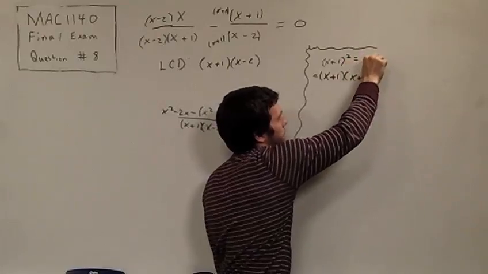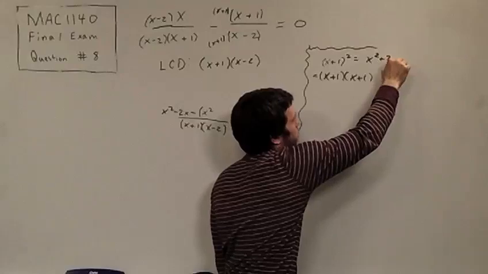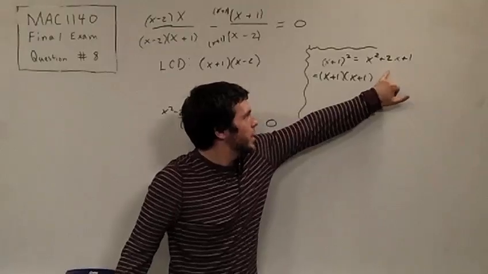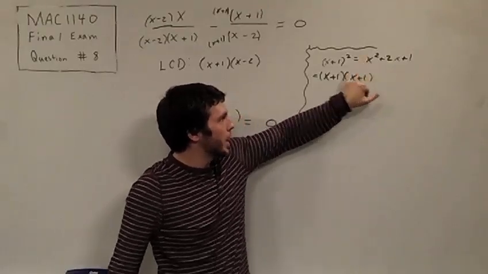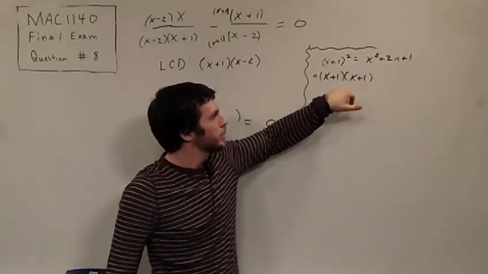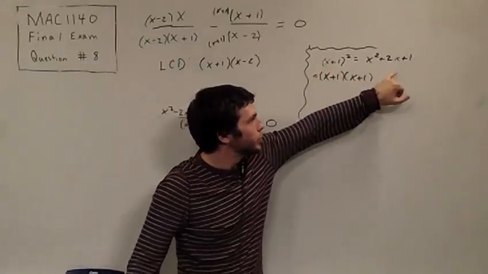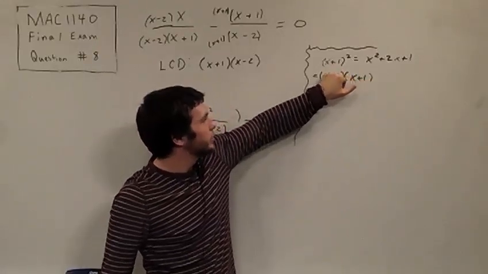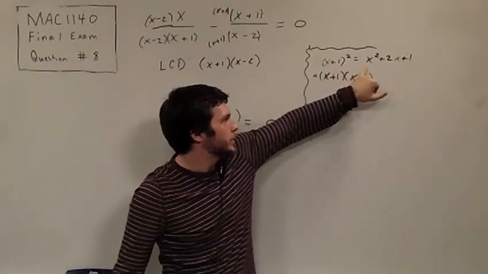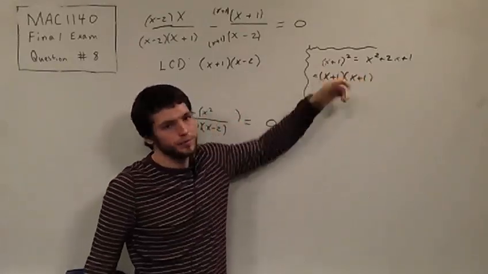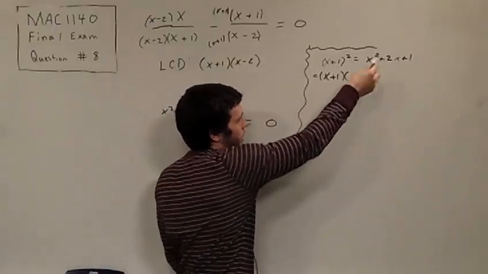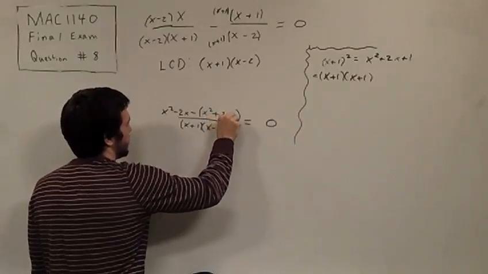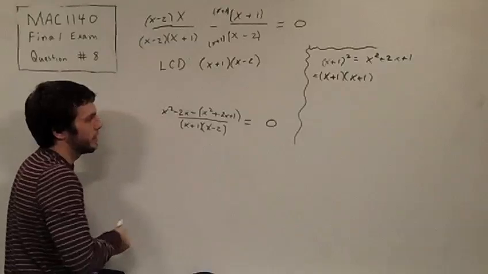This squared will just be x squared plus 2x plus 1. You get the 2x just by 2 times the first times the second thing, so 2 times x times 1. 1 is the last thing squared, so 1 squared. And this x squared comes from the first squared. But you can FOIL it out and get the same thing. So that's x squared plus 2x plus 1.